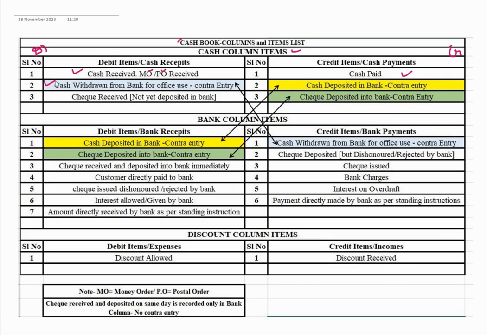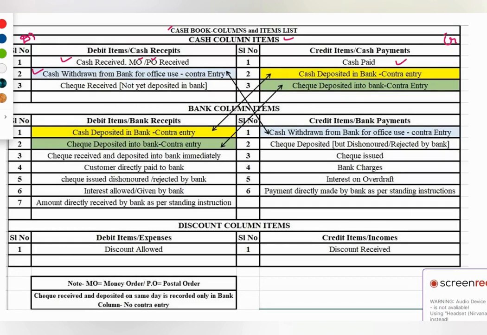Decreasing means the credit side, increasing means the debit side. So here you can see, cash withdrawn from the bank for office use is recorded on the debit side of the cash column, and it needs to be recorded on the credit side of the bank column.